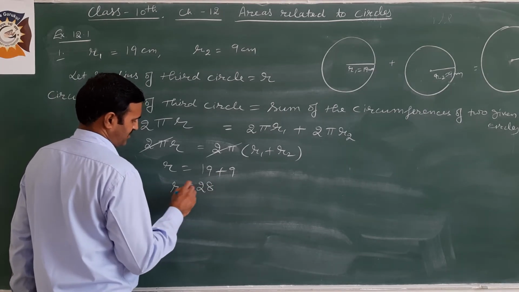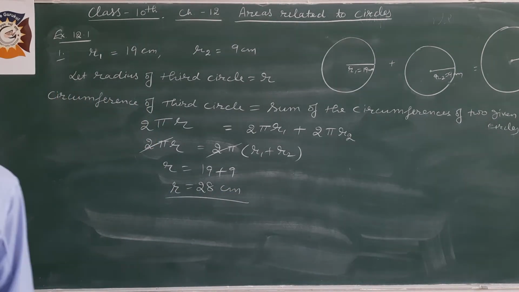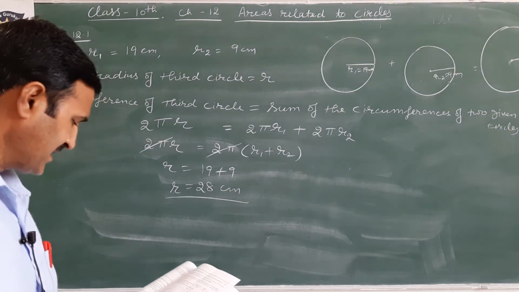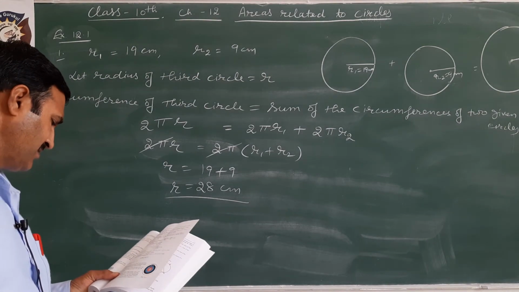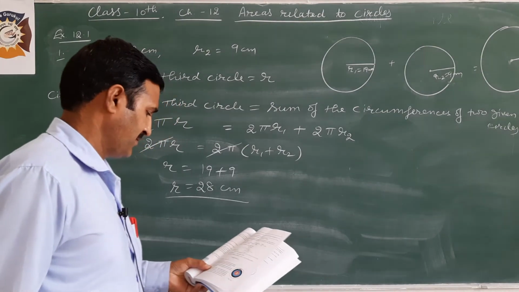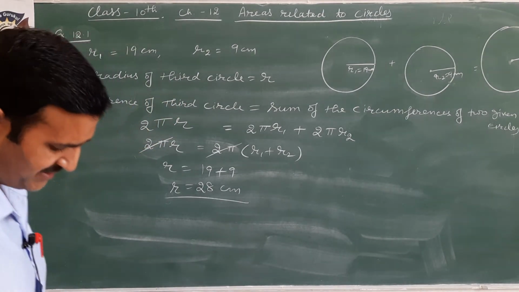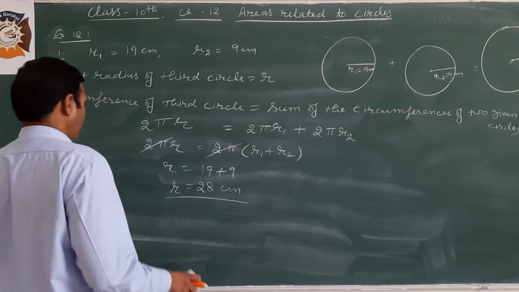So r, the radius of third circle is 28 centimeter. And the second question is same, in that the sum of areas of two circles is given to the area of third circle. So similarly you can solve this second question easily.